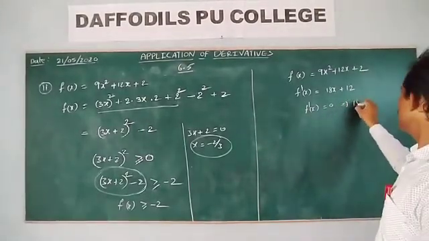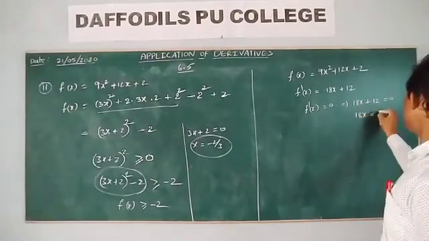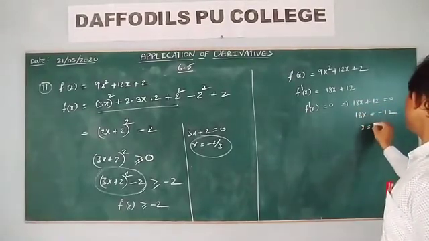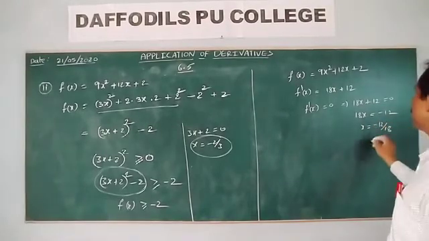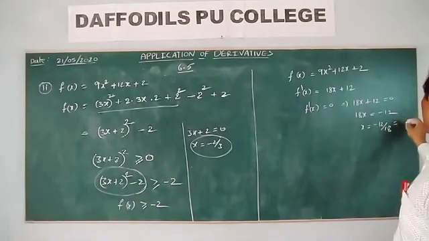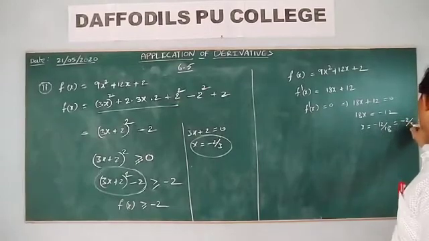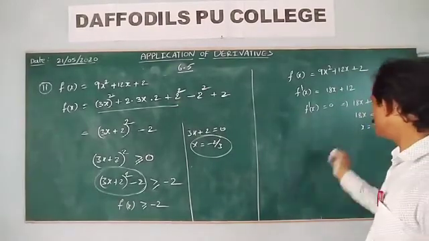That implies 18x plus 12 is equal to 0, 18x is equal to minus 12, x is equal to minus 12 by 18. Cancelling by 6, x is equal to minus 2 by 3.